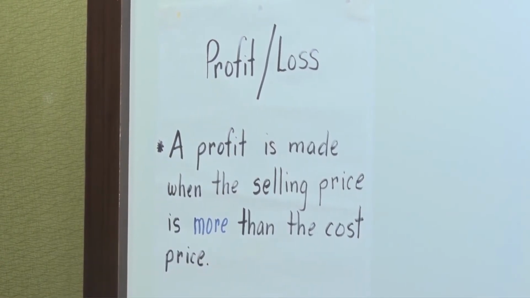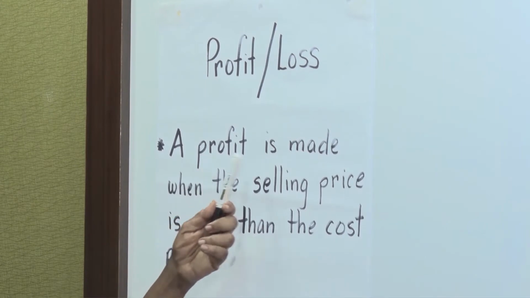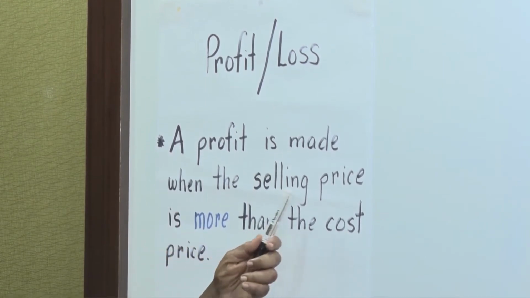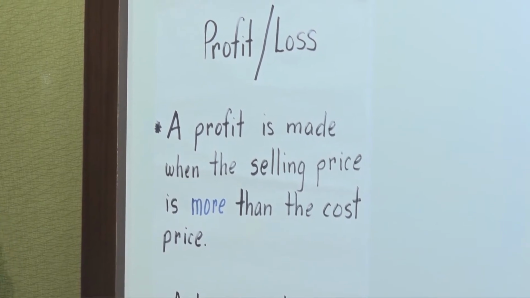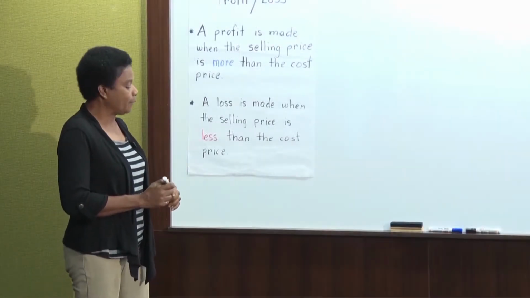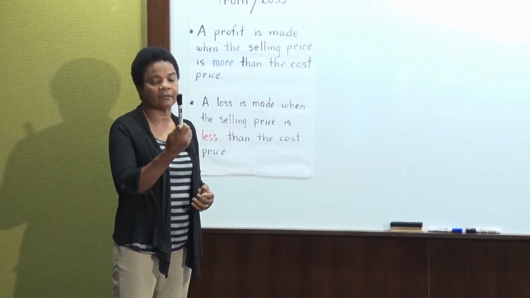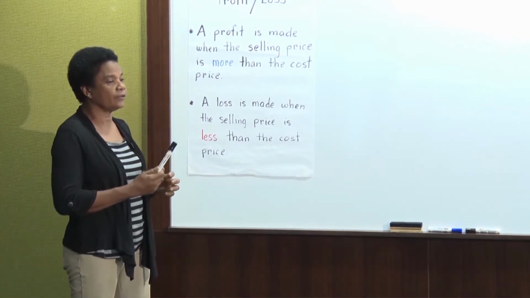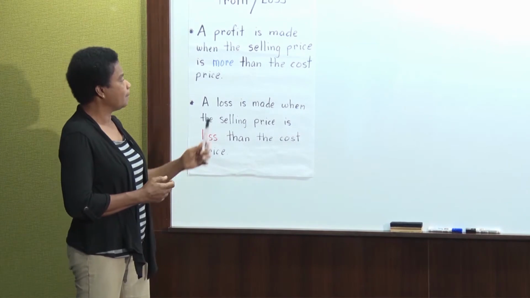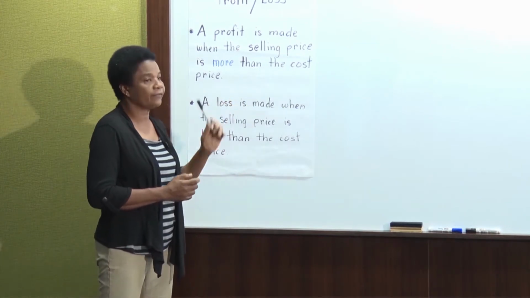What's a profit? A profit is made when the selling price is more than the cost price. Let's explain. Let's suppose I have this marker, and this marker cost me $5. That will be my cost price.